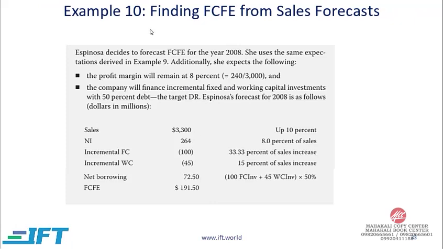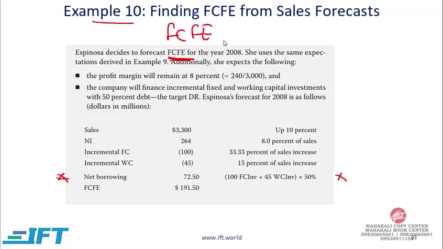Okay, example 10 covers another important point which has to do with figuring out your net borrowing. And I want you to pay close attention because this is not something you've seen before. So now our analyst wants to evaluate FCFE.